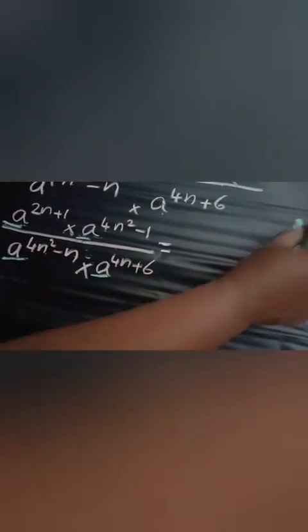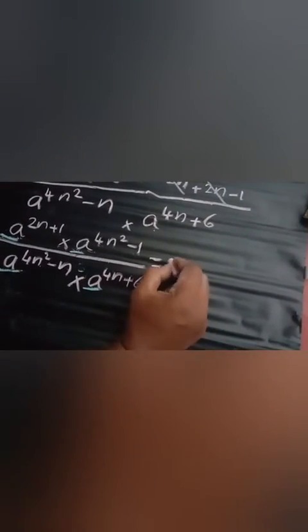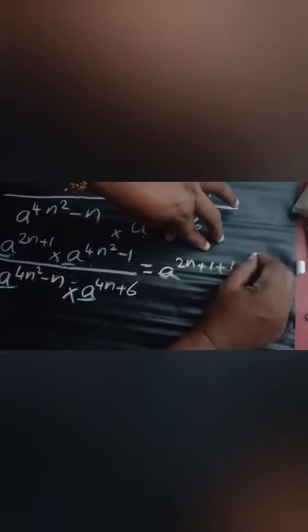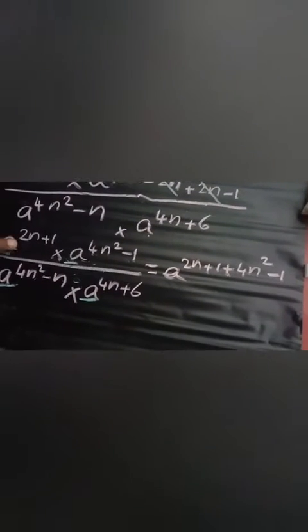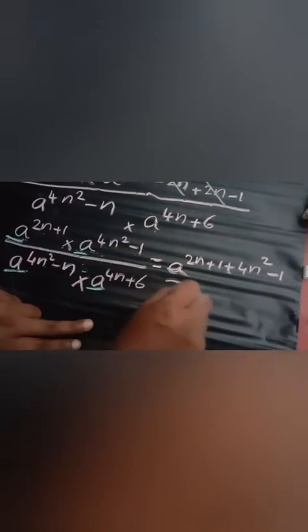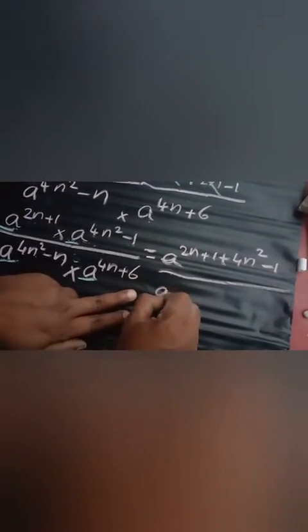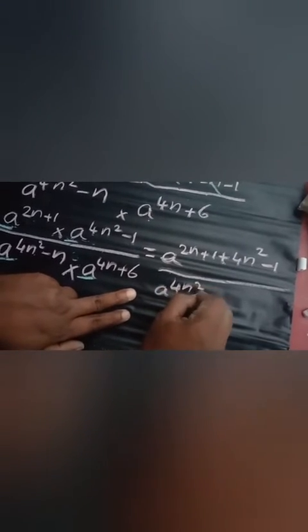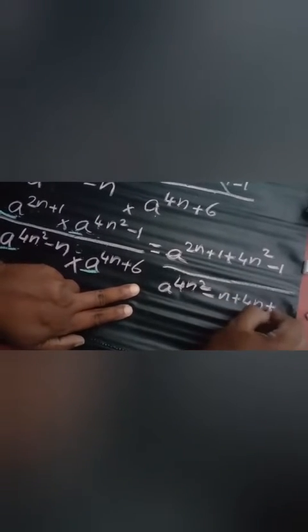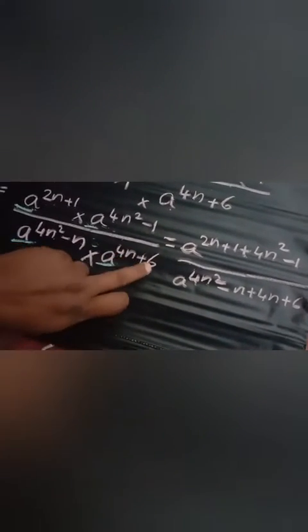So which is equal to a raised to 2n plus 1 plus 4n square minus 1 in the numerator, divided by, in the denominator, a raised to 4n square minus n plus 4n plus 6.